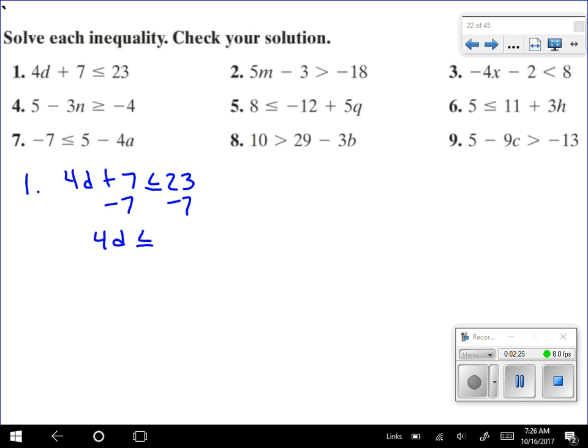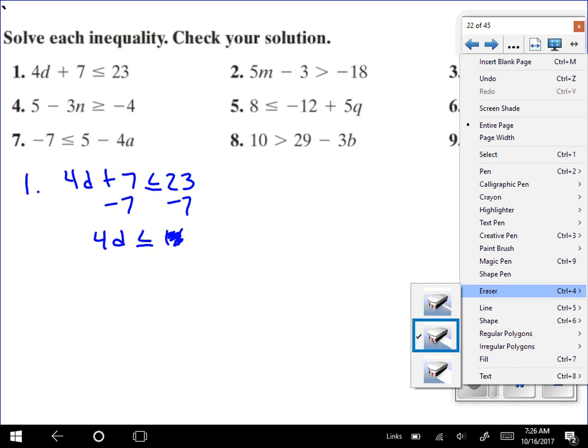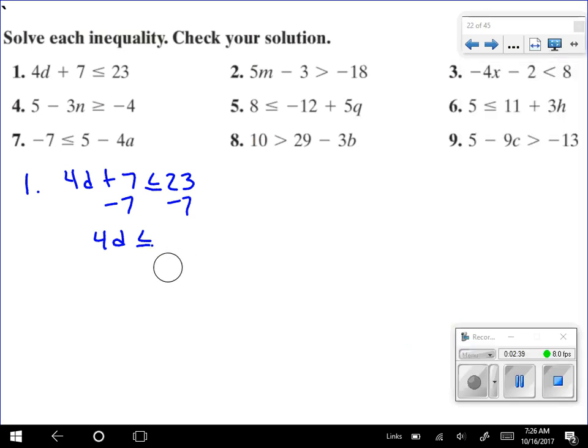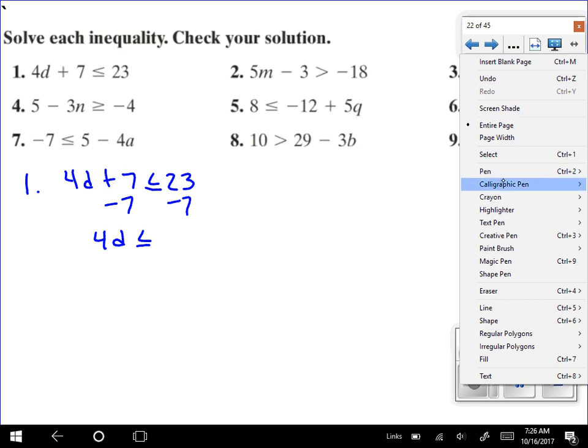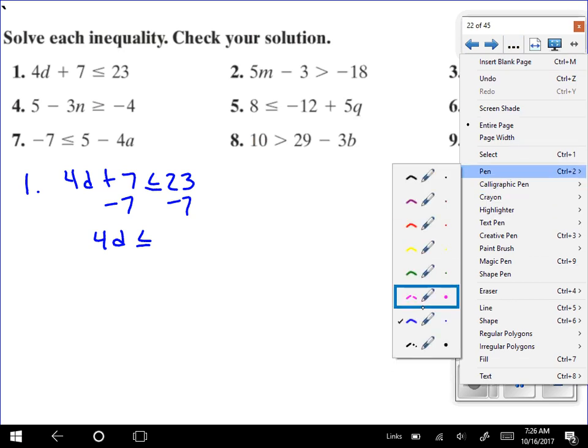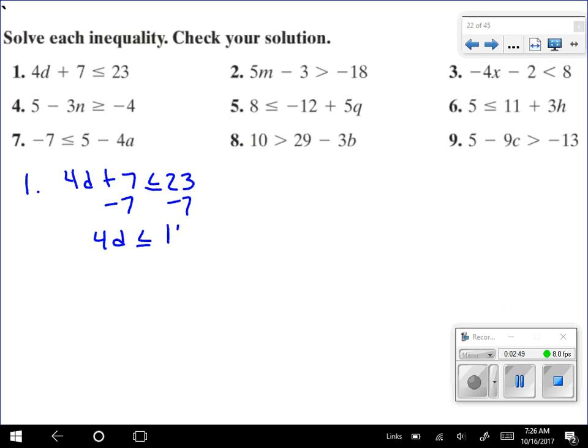So 23 minus 7 is going to give us 4, that's wrong. Can't subtract this early in the morning. Let me erase that. So 23 minus 7 essentially is what we're doing, so we get 16. There we go. Okay, so then we divide by 4.